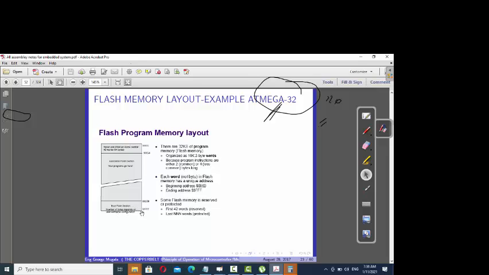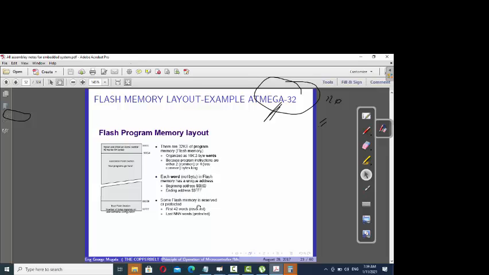Now we can see that a memory has a unique address beginning with this and ending with that. Some flash memory is reserved or protected, like the reserved one and the last one. You don't have access to them because they are reserved by the manufacturer for the functionalities just being shown.